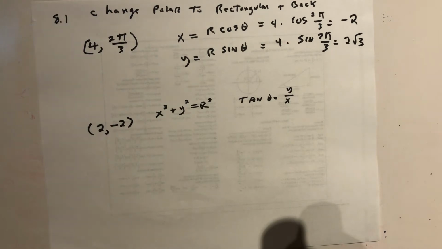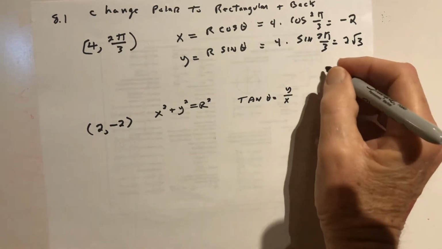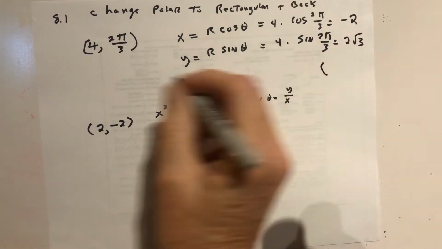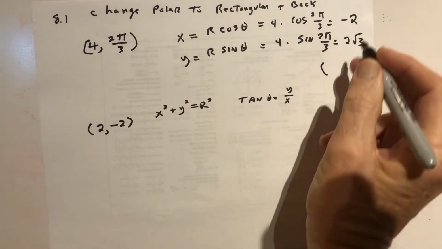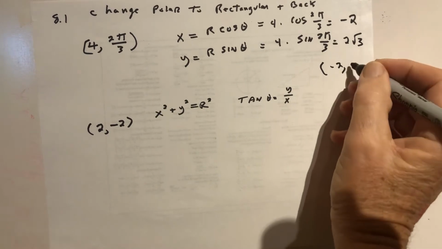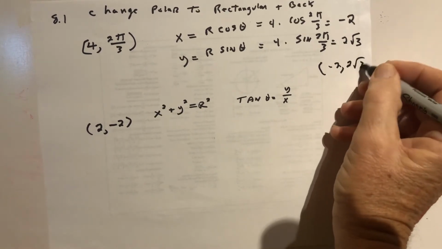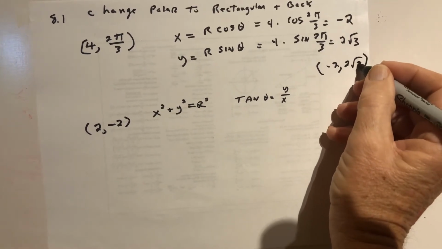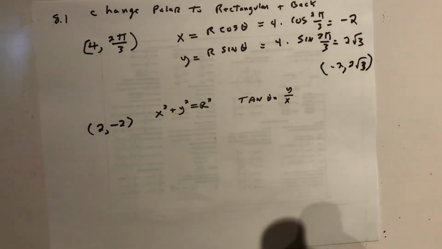So those would be your polar coordinates. I'm sorry, this is your polar coordinates. This would be your rectangular. X is negative 2, and y is 2 root 3. You could turn that into a decimal if you wanted to.